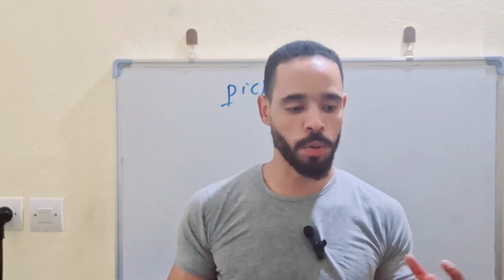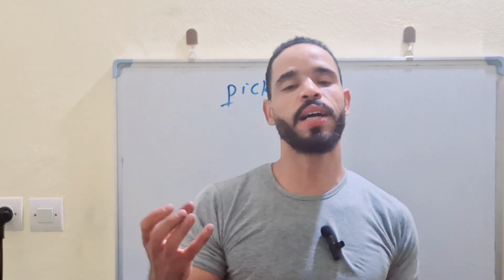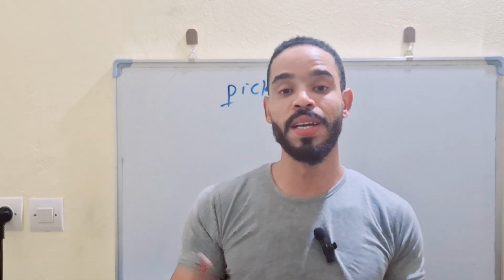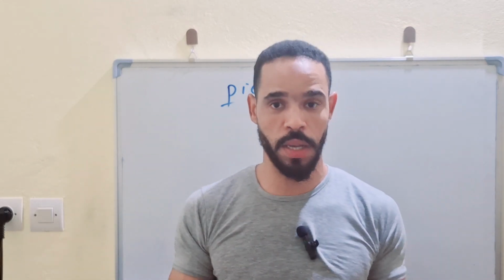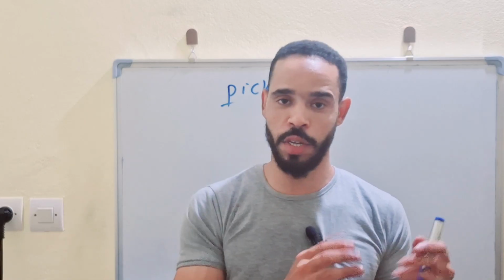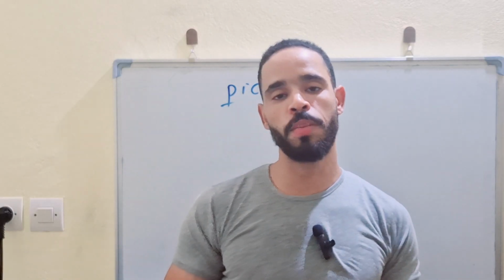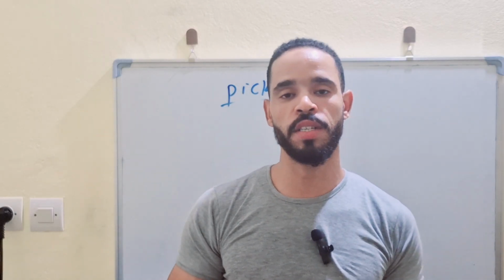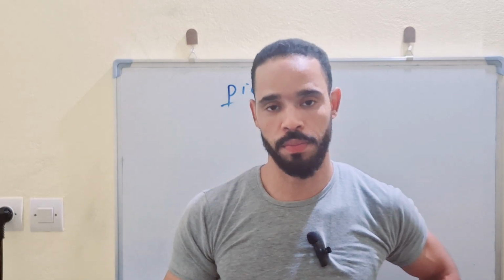And here we are talking about two kinds of vocabulary: passive vocabulary and active vocabulary. Active vocabulary is words that you can use while speaking. Passive vocabulary is things that you cannot use while speaking, but you can understand when people use them in their conversations, in their output. Okay?